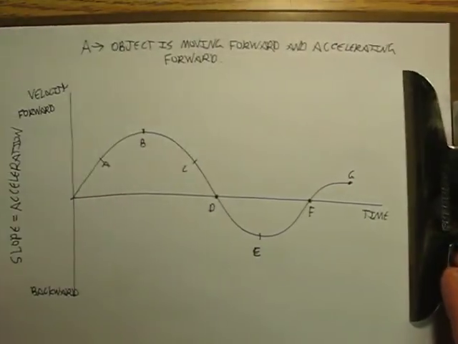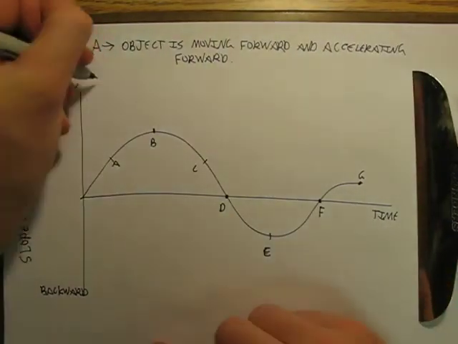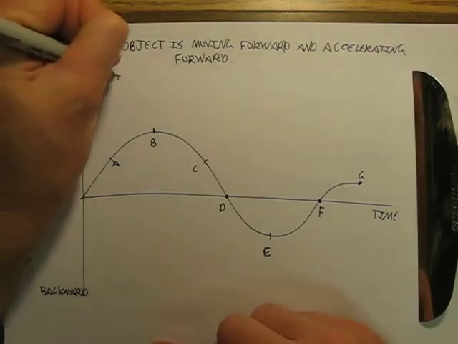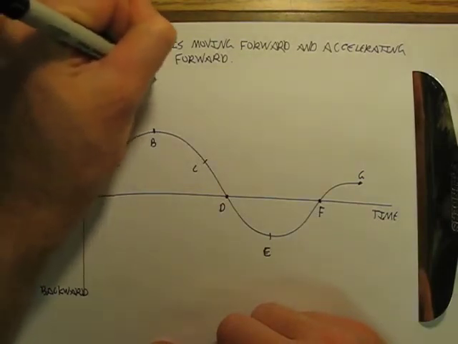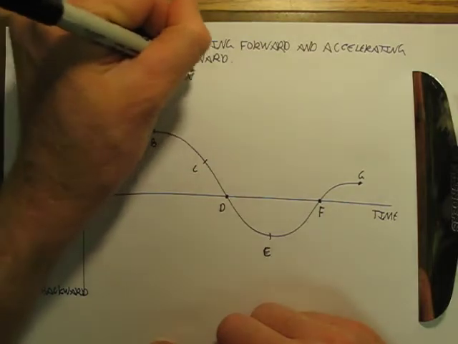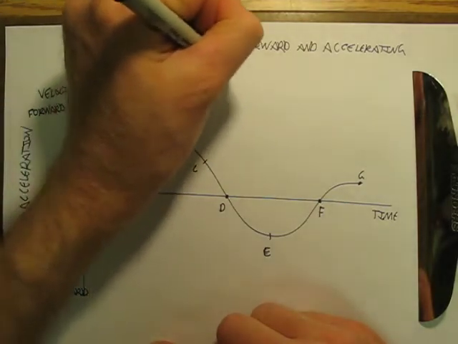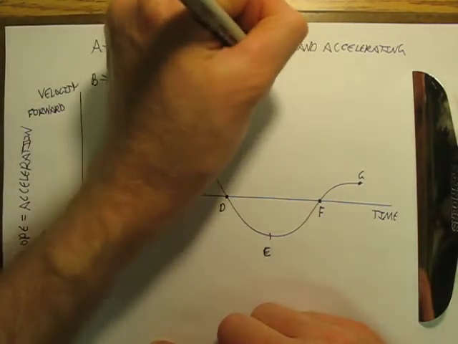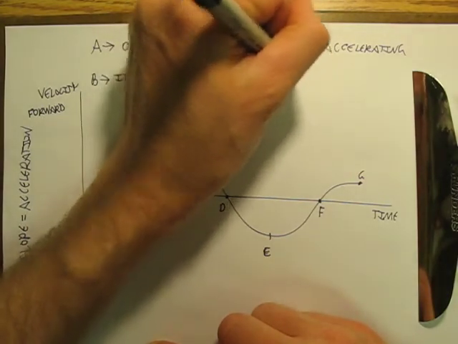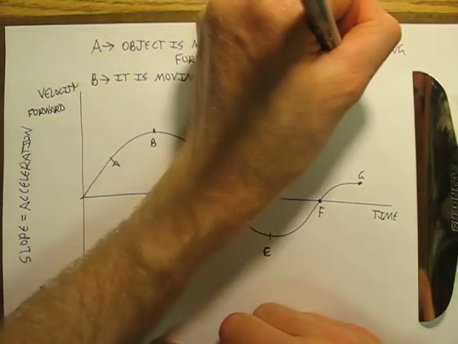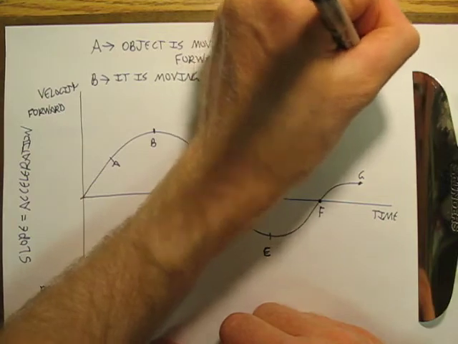Now, what's happening at B? It is moving forward with no acceleration.